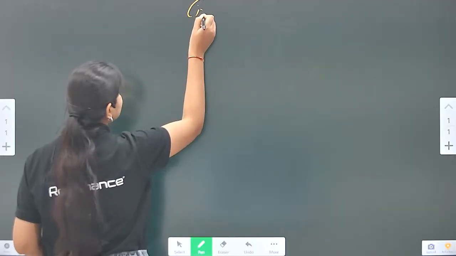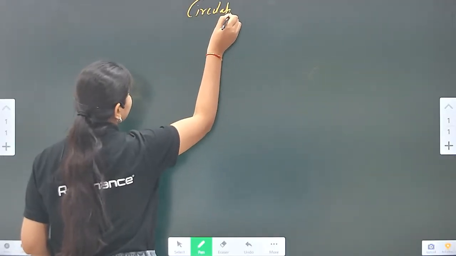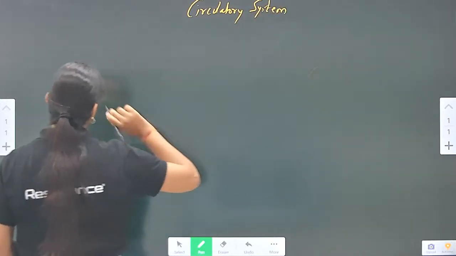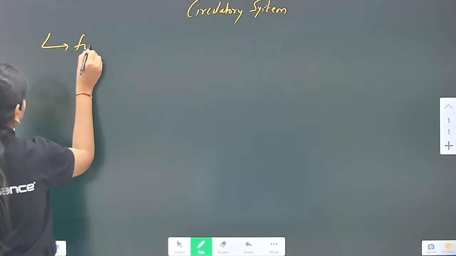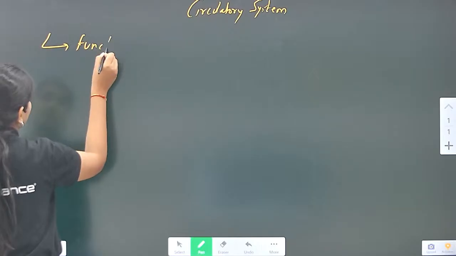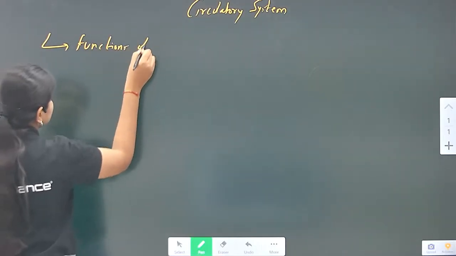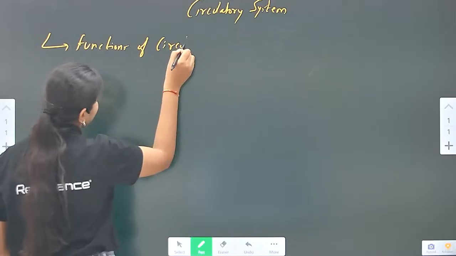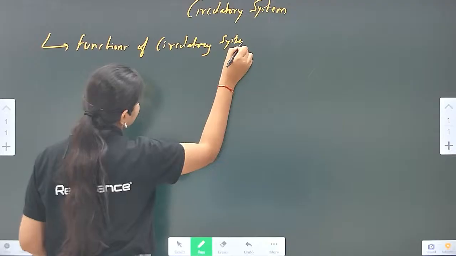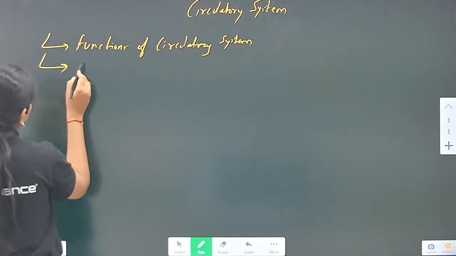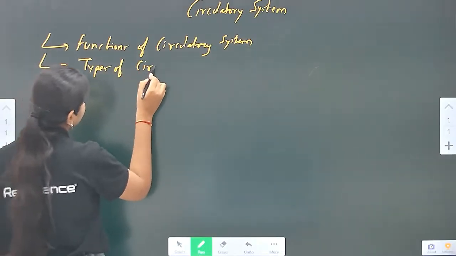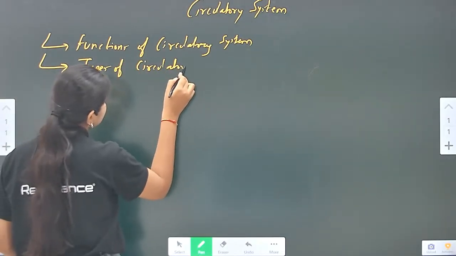In the circulatory system, firstly we discussed the functions of the circulatory system. Then we have the types of circulatory system.